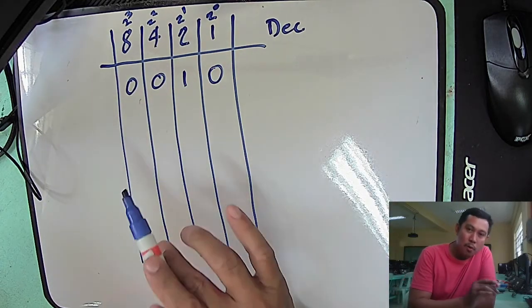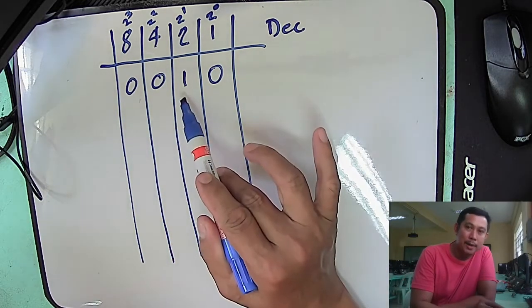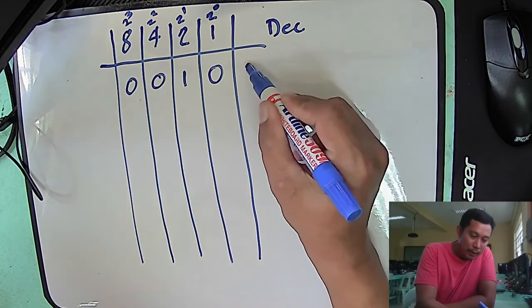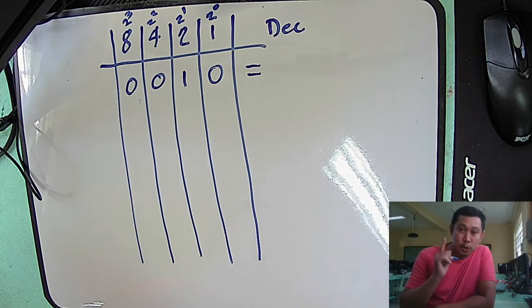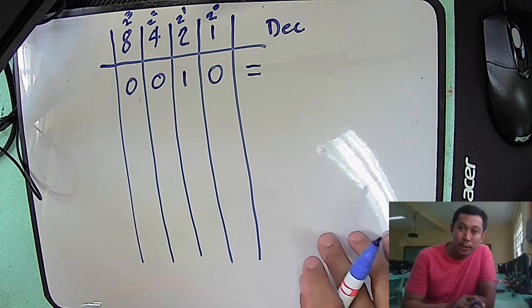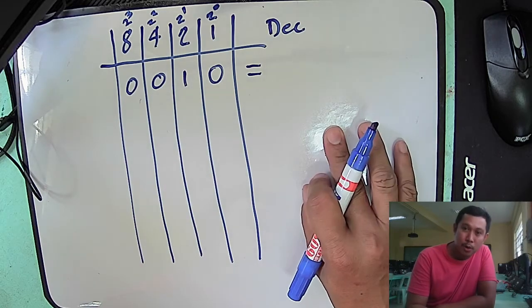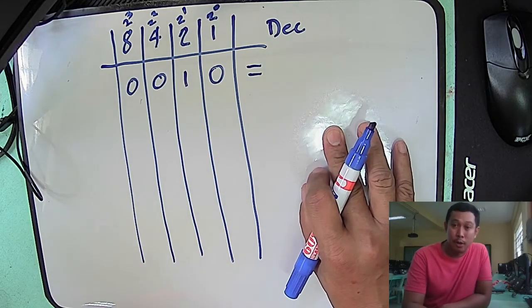Now, let's have this one. Okay, 0, 0, 1, 0. What is the equivalent in decimal? The trick is, you just have to what? You just have to disregard zeros. All you need to do and remember is the 1, the location of 1.